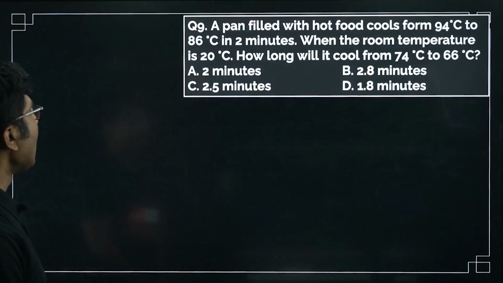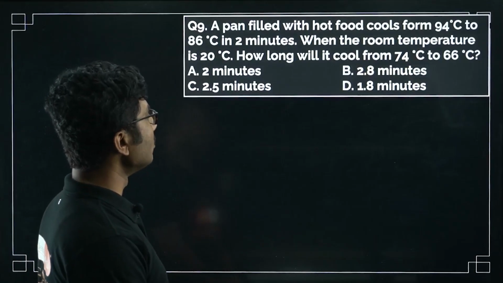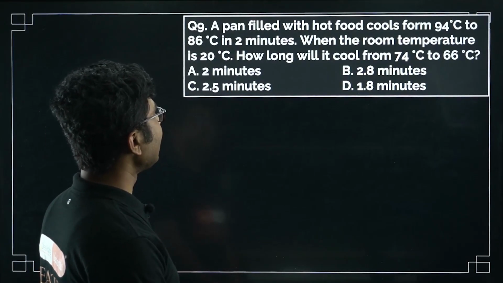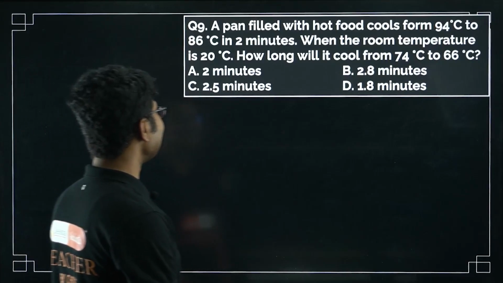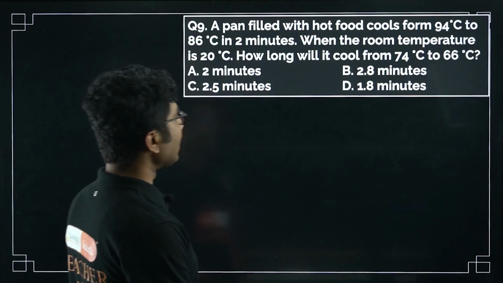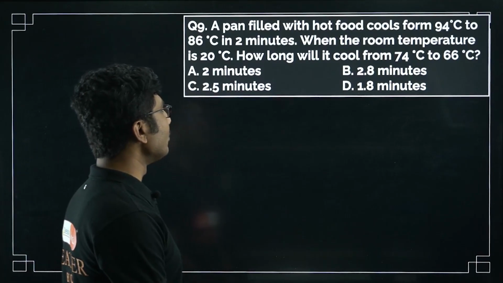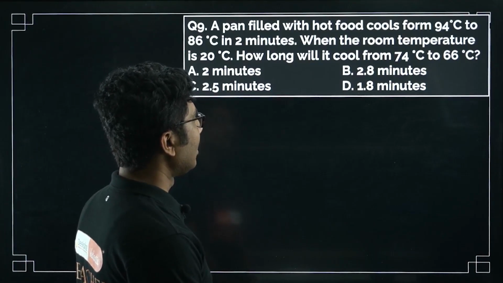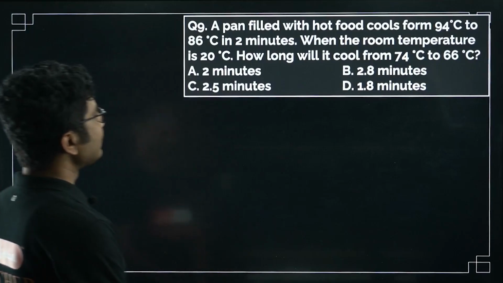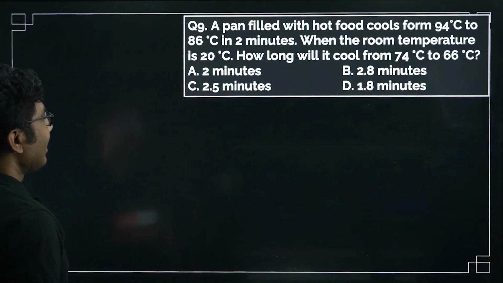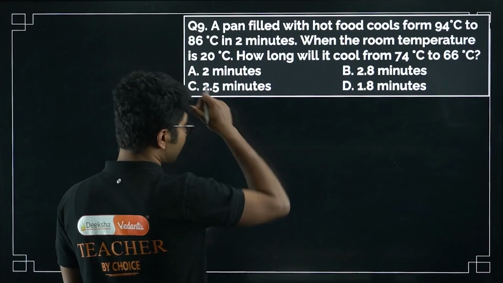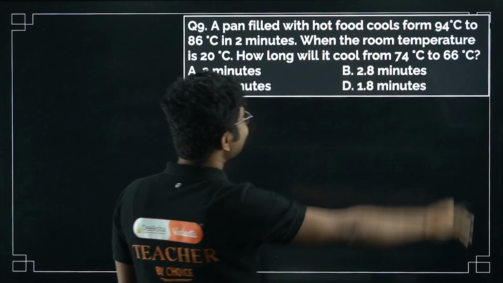Very careful. A pan filled with hot food cools from 94 degrees Celsius to 86 degrees Celsius in 2 minutes. When the room temperature is 20 degrees Celsius, how long will it take to cool from 74 to 66 degrees Celsius? First of all, what is the change in temperature?